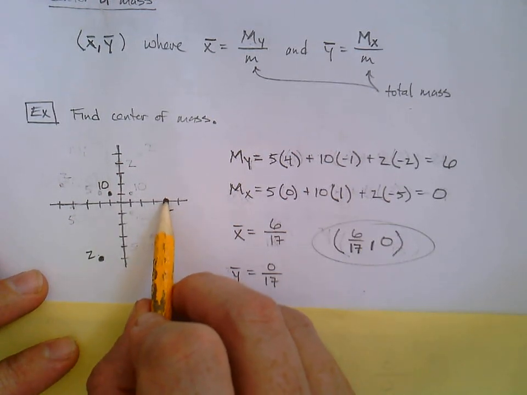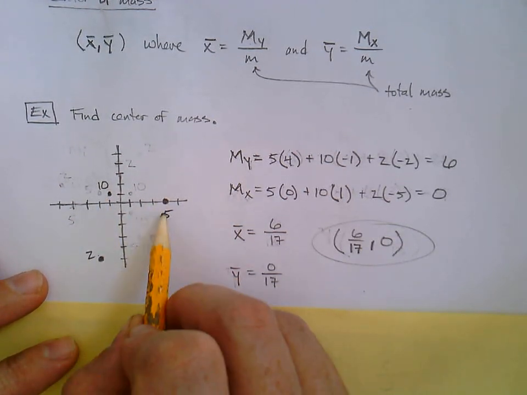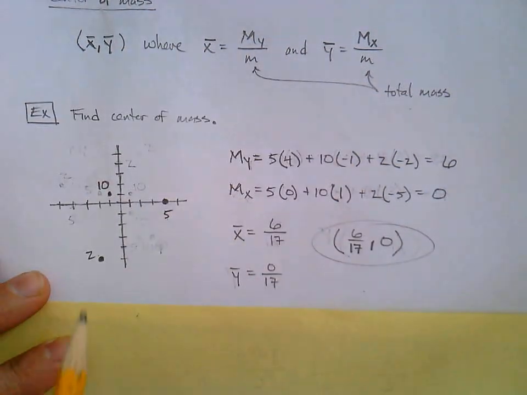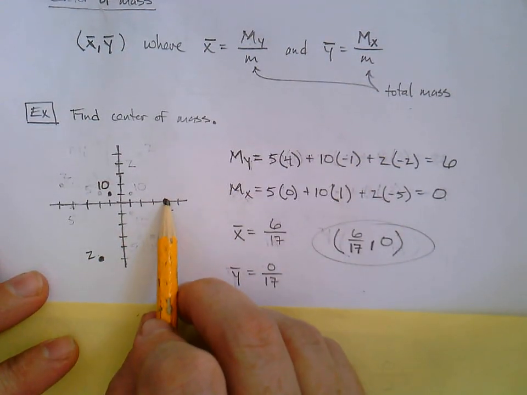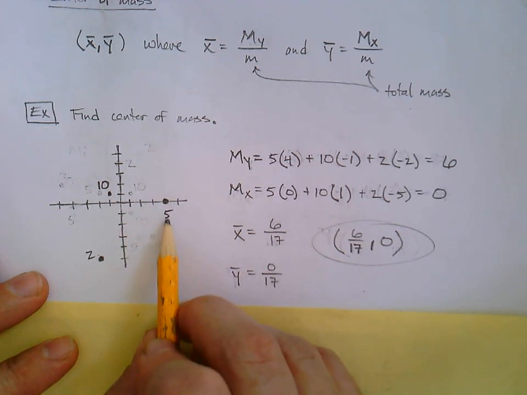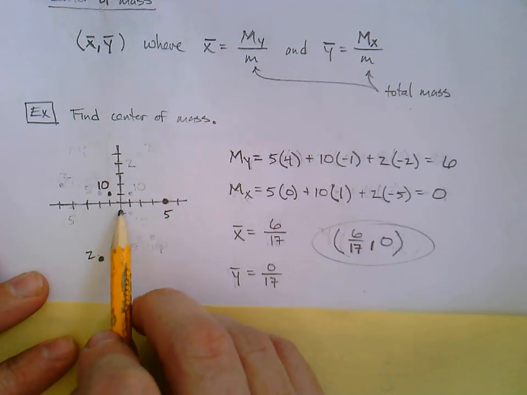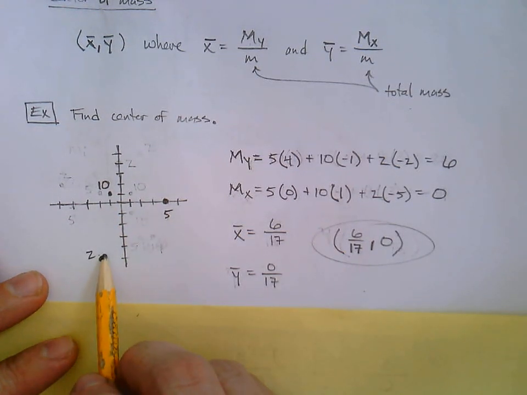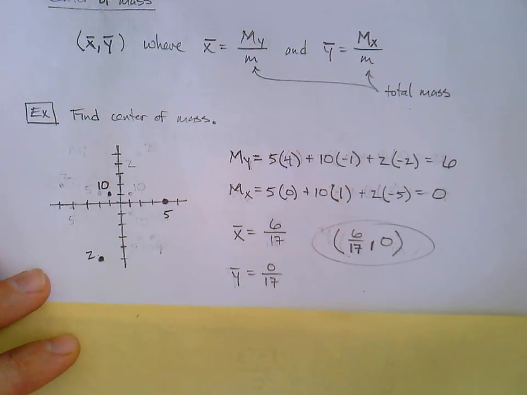So that will tell you where these are located, and the number next to it is the mass. So let's say we've got a mass of 5 located right there, a mass of 10 located here, and a mass of 2 located down here.